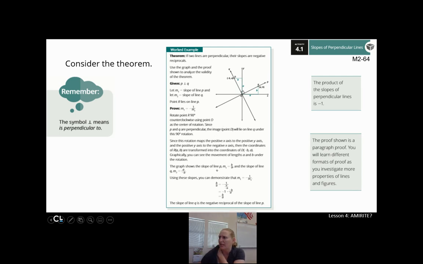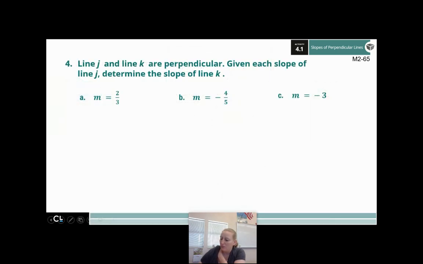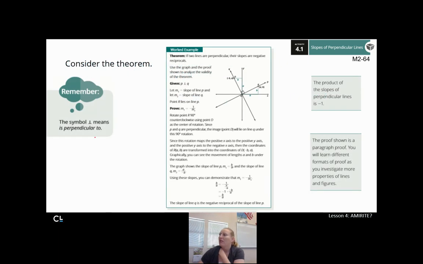So this graph shows the slope of line P as M sub 1, rise over run, which is B over A. But the slope of the second line is rise A over run negative B, so A over negative B. So take a look, sure enough, it got flipped and the sign got changed.